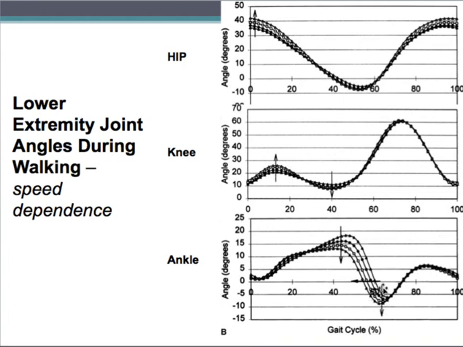Now, the other thing that happens is we go into slightly more plantar flexion right during that pre-swing phase, peaking at the transition from pre-swing to initial swing. So that's a summary of the changes in ankle, knee, and hip joint angles due to increasing speed.